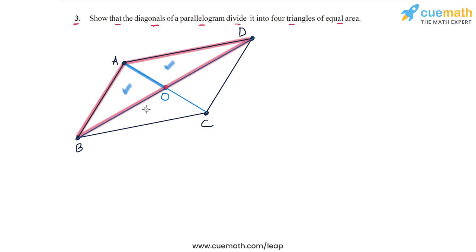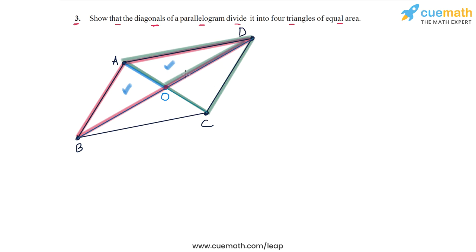And similarly, if we take, for example, the triangle ADC, so let's highlight this triangle A, D and C. In this triangle, because O is also the midpoint of AC, we see that DO is the median for triangle ADC.